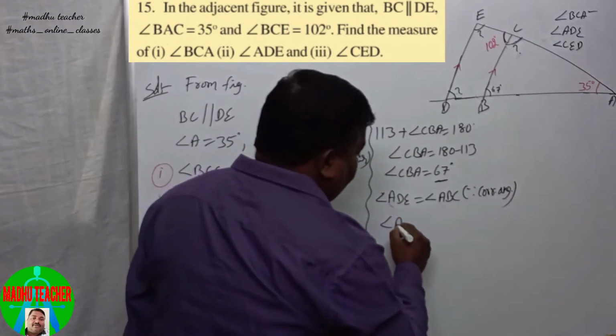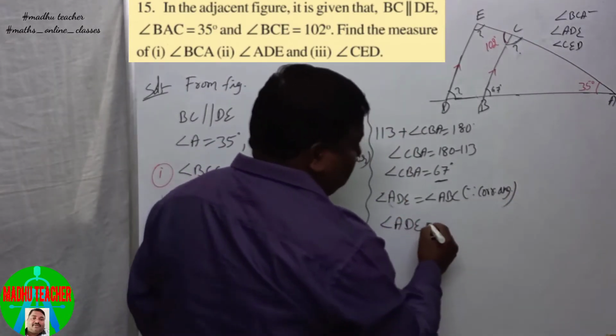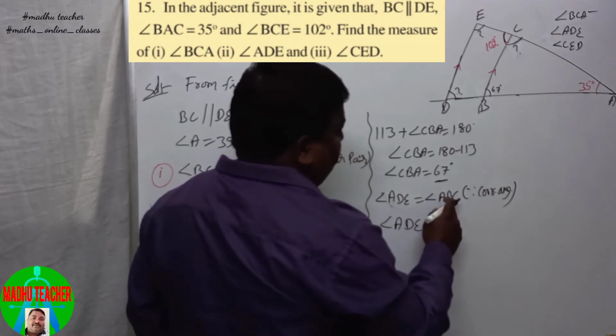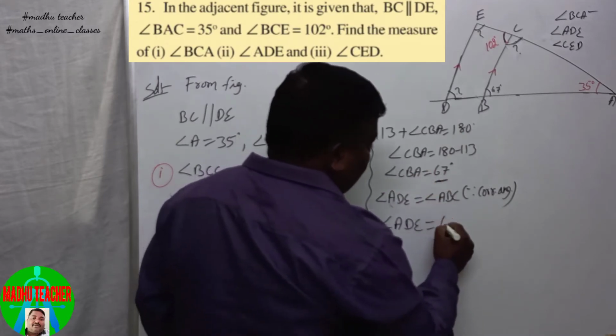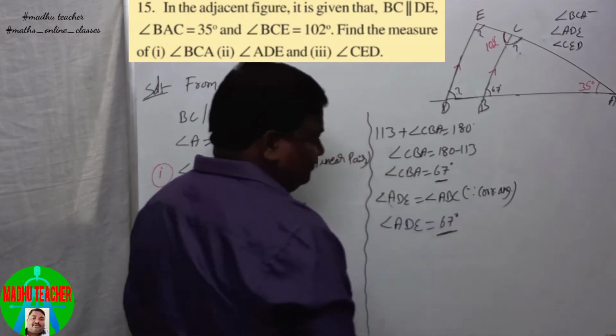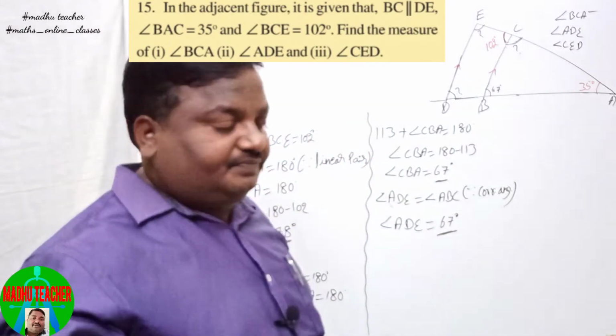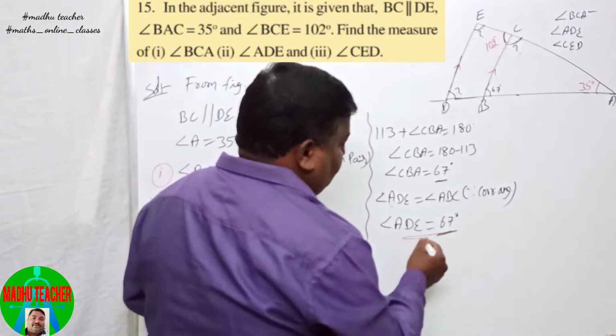Therefore angle ADE equals angle ABC or CBA, both are the same, that is 67 degrees. We got the second one.